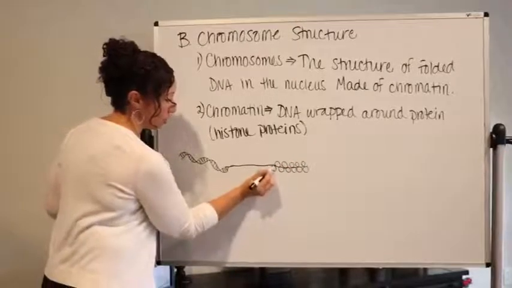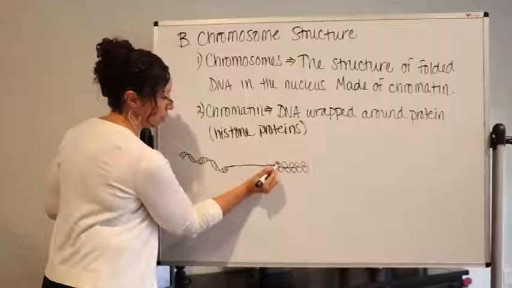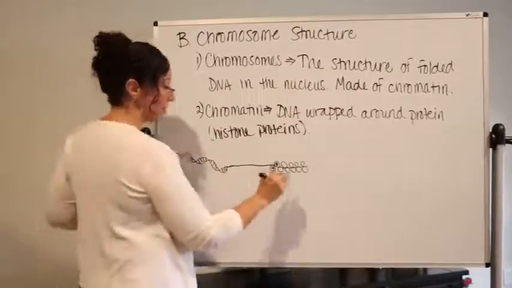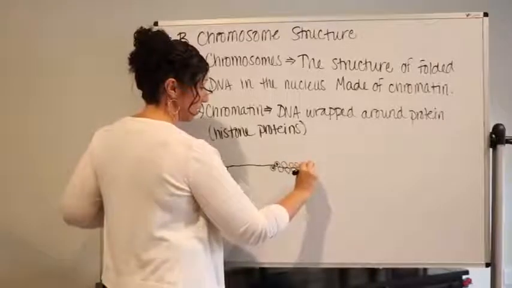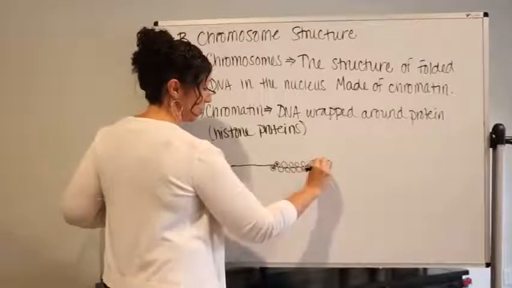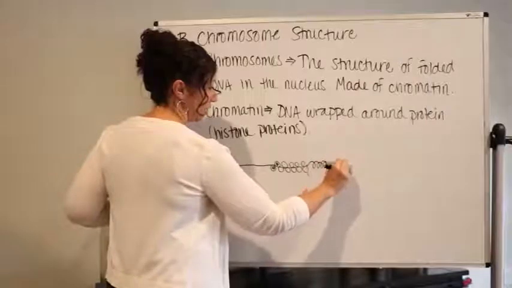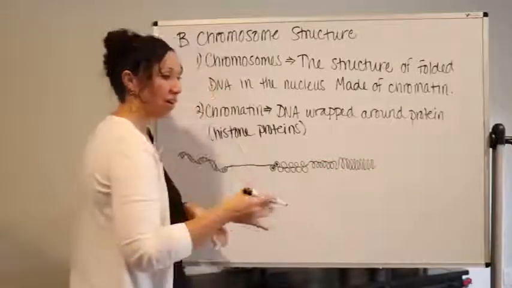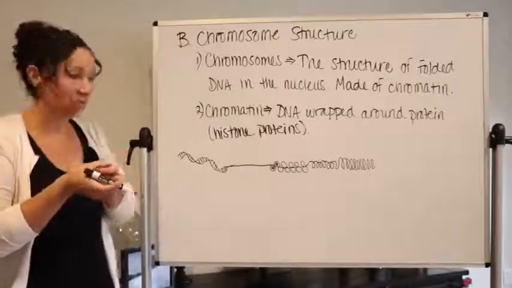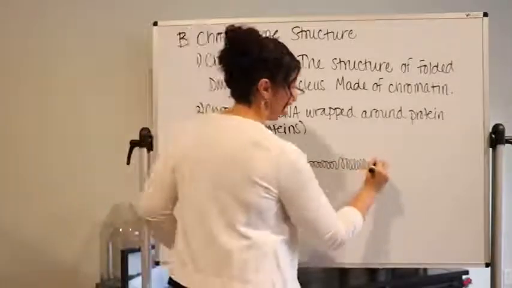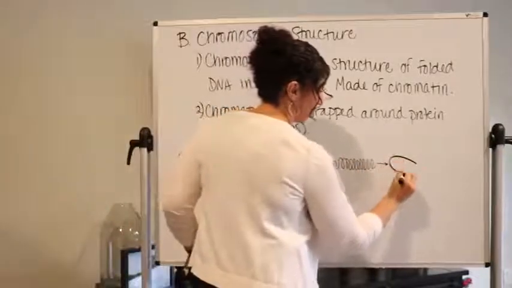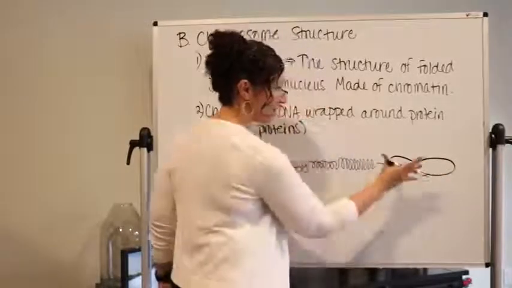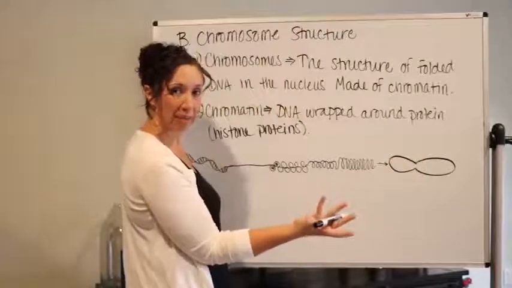There are these little proteins inside here that are just allowing it to spool around itself. So the black line is your DNA. And eventually it's going to get smaller and smaller. These little things are going to keep coiling upon themselves, and then they're going to keep getting twisted even more. And eventually, they all shape into this really cool structure that we know and love, which is your typical chromosome. This is like the silhouette of what you would see in the picture.